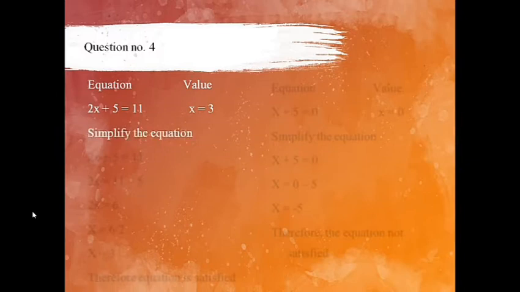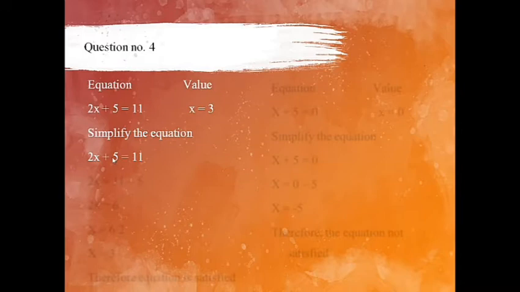So simplify the equation. The equation given is 2x plus 5 equals to 11. When we are going to simplify the equation, always remember one thing: this is a variable term, because here x is present and x is a variable. This is a numerical term and this is also a numerical term. So we can perform addition and subtraction only with numerical terms with numerical, and variable terms with variable.